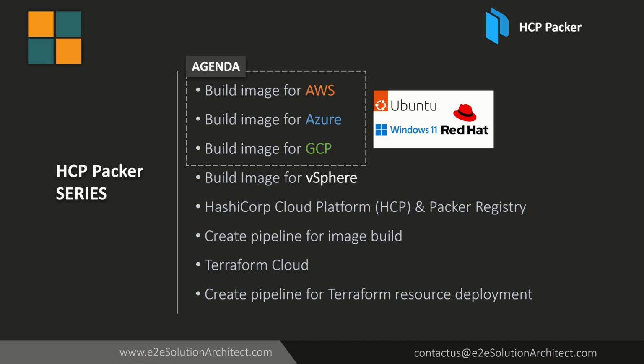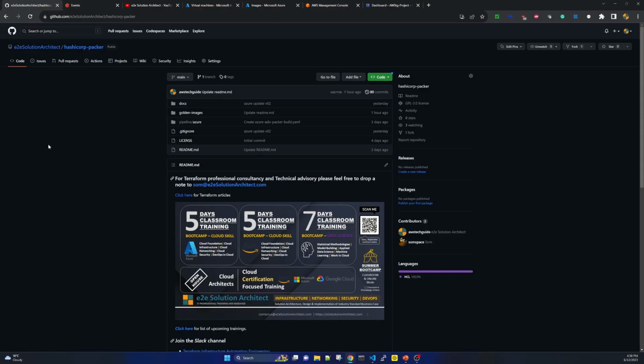Okay, so let's proceed further and show you the live demo of how we can run HashiCorp Packer to create machine images. Let me take you here for a quick walkthrough of our GitHub repository, which is E2E Solution Architect.